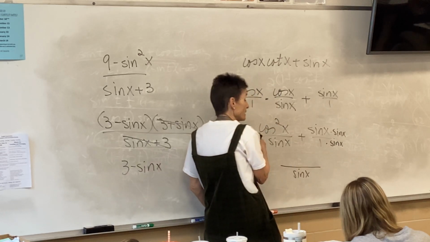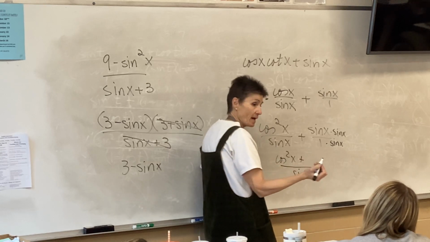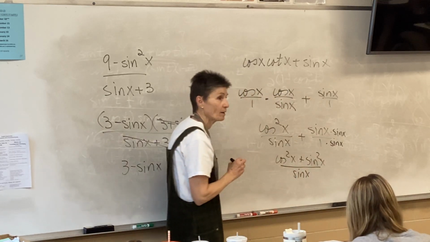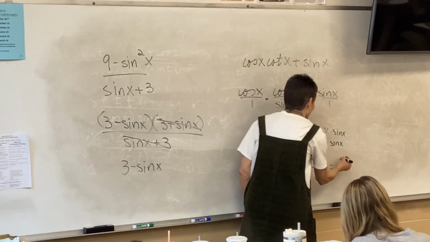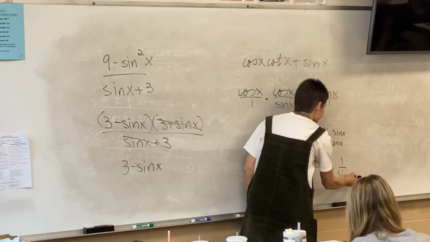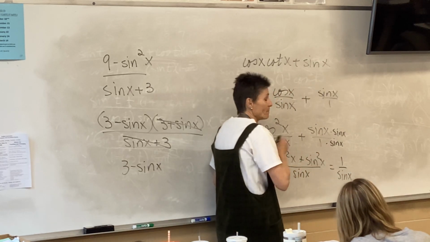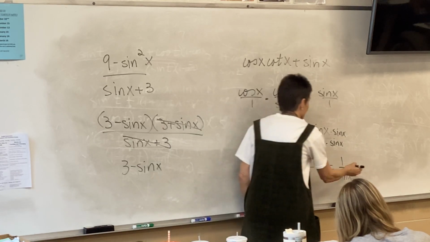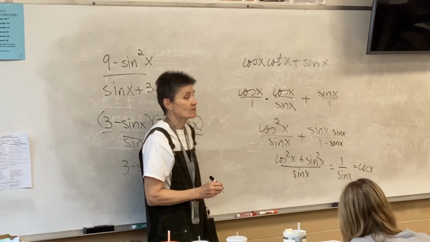So the top is going to be cosine squared plus sine squared. Whoa, whoa, whoa. What's cosine squared plus sine squared? 1. So we have 1 over sine, which is okay, but what would be better? What's 1 over sine? Cosecant. 1 over sine is fine.